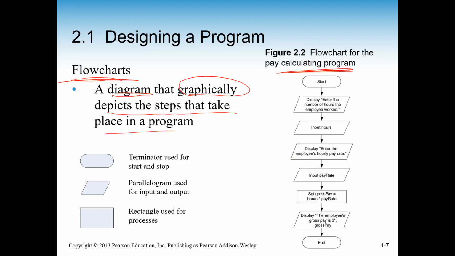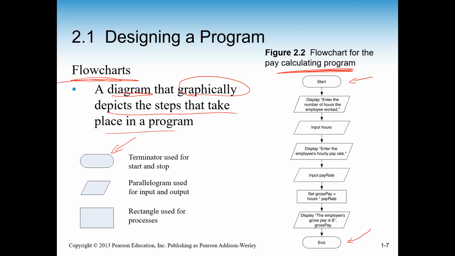So usually you have a few symbols that are important, and just be consistent when you do these as part of your homework. So first, the terminator is used for start and stop of the program, right? That's basically just to indicate the program starts here, the program ends there.